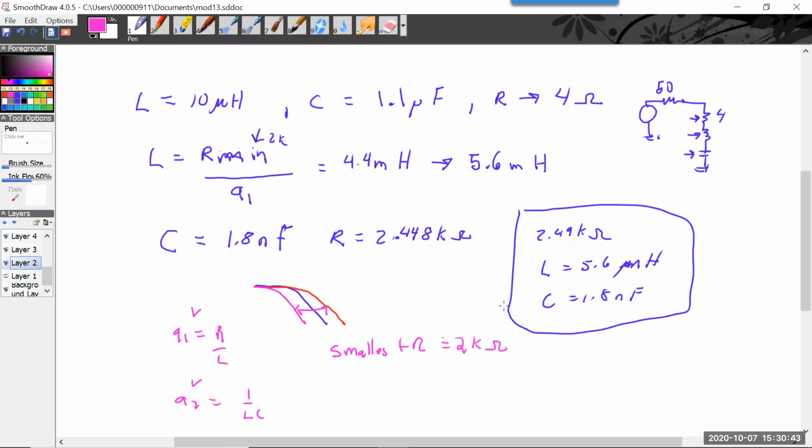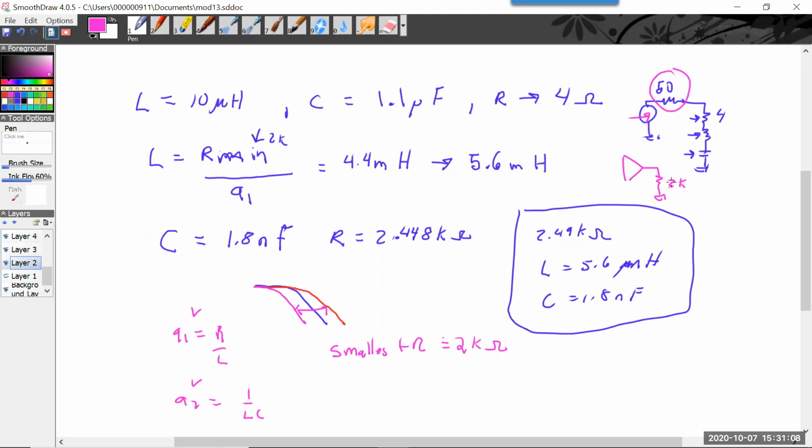Now, how do I know that? I keep talking about this 50 ohms, but usually the voltage source is an op amp, and almost every op amp I've seen says the smallest resistance you can drive is 2 kilo ohms.